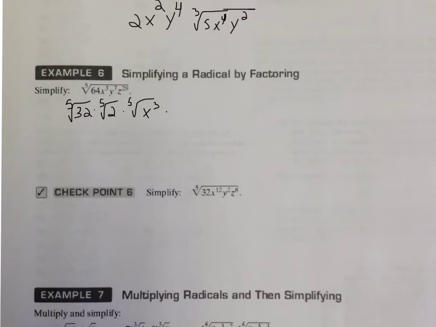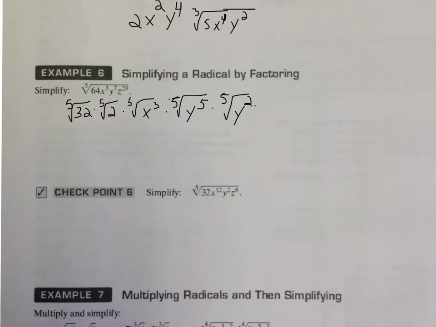Now y to the 7th, we can get a 5 into there. We can get 5 into the y to the 5th, so we're going to write a fifth root of y to the 5th times what's left over. We got 2 left over, because 5 and 2 is 7. So that makes our y to the 7th. And we got to do the same thing with z.